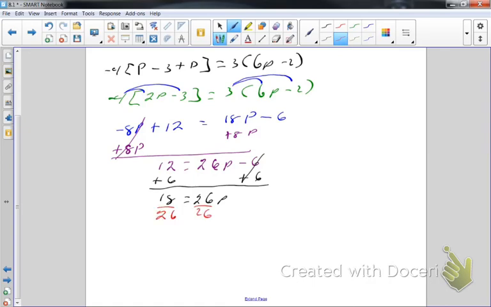Just going to rewrite it this time with p in the front. So p is equal to 18 over 26, and then I can simplify this by dividing both top and bottom by 2, and I get that p turns out to be 9 over 13. And we're going to keep it as a fraction. We're not going to put it as a decimal.